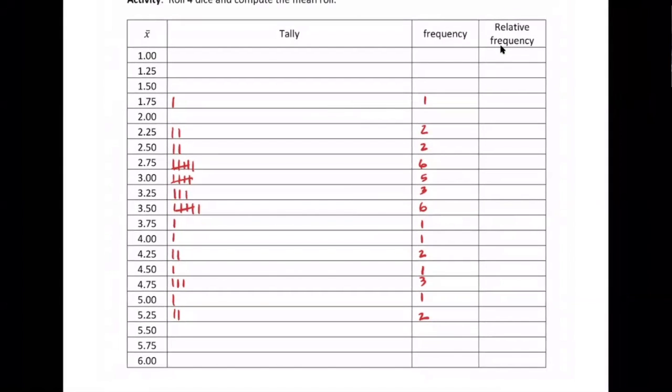Okay, and then the relative frequency, we have to add that up. So let's see, 1, 2, 2. And actually, you know what? No, that's okay. Let me do this. 1, 2, 2, 6, 5. Okay, so I got 38 altogether.